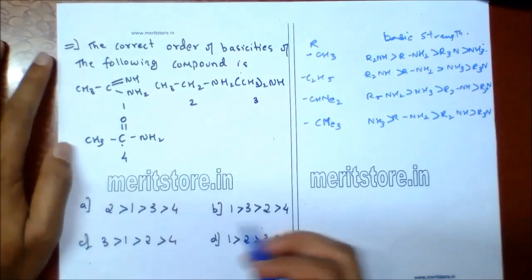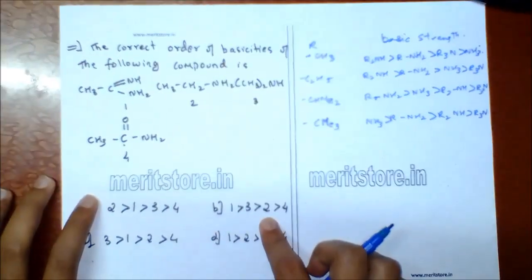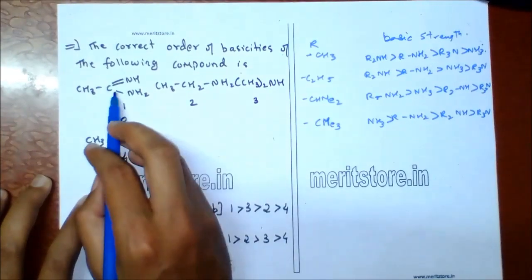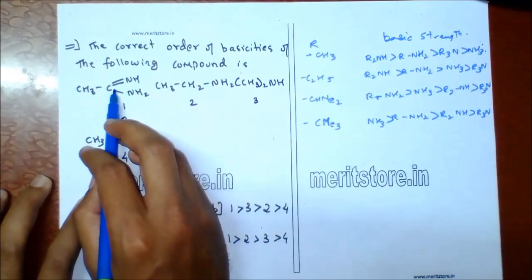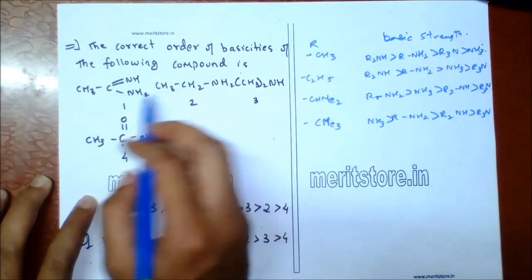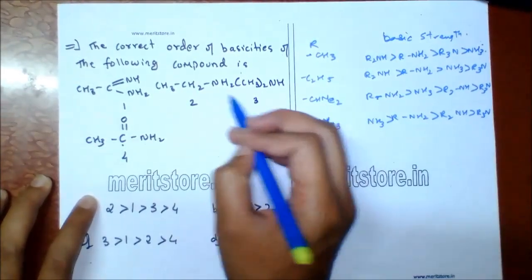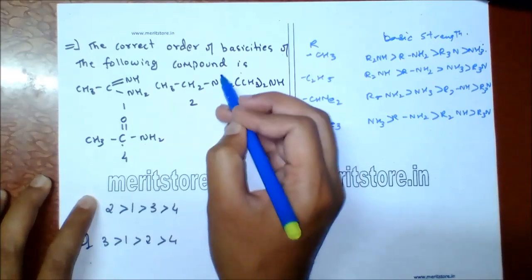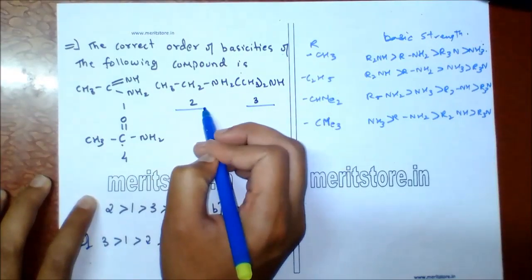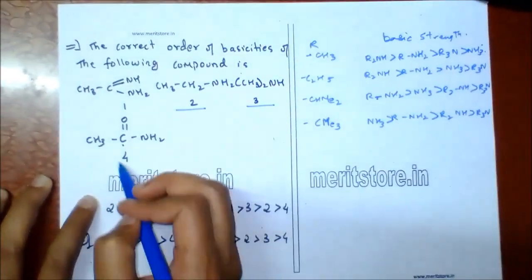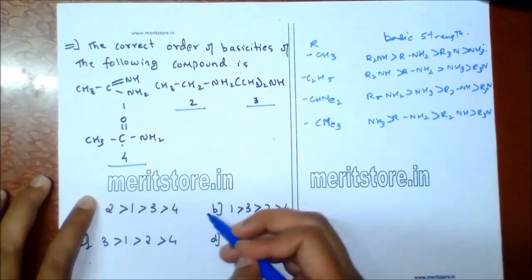So here the order will be tertiary amine, then 3, 2 and then 4 imide, option B.